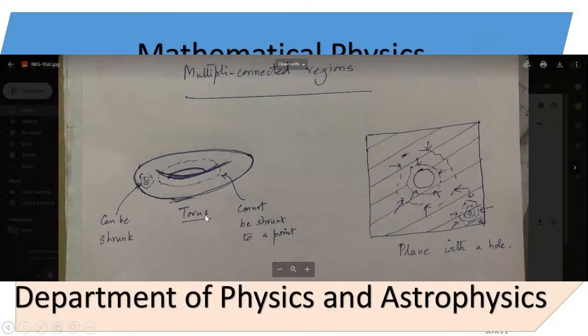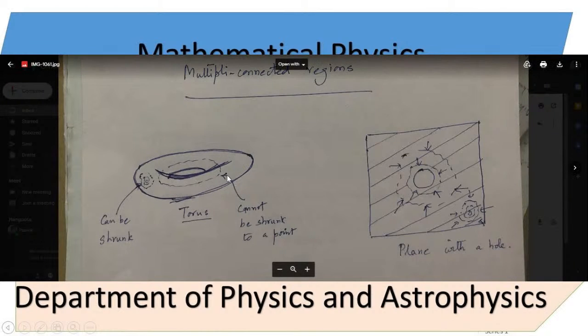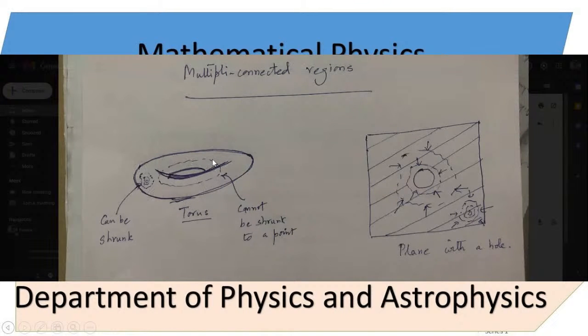Similarly, consider a torus. Torus is like your ring ball. So take a solid ring ball and the surface is T2, it's called T2 or the torus. You can shrink any contour which is on the side to a point.